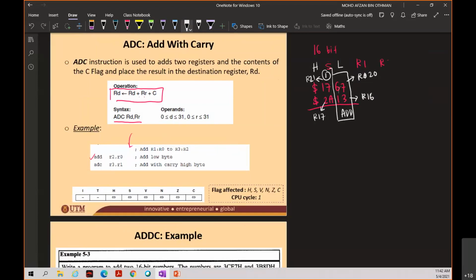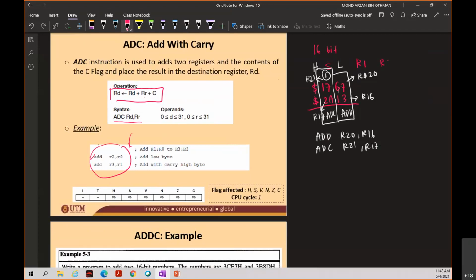For the higher byte, you need to use the ADC instruction. That's why, to add two 16-bit numbers, you use the ADD for the lower byte, in this case ADD R20, R16, and for the higher byte ADC R21, R17.